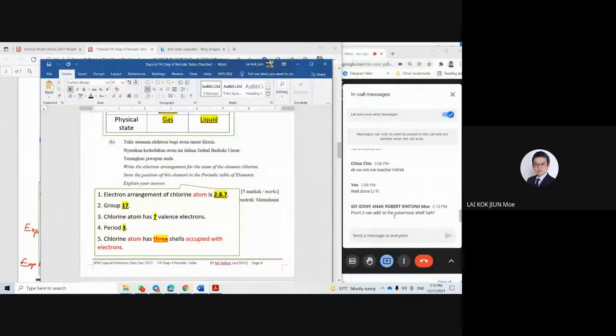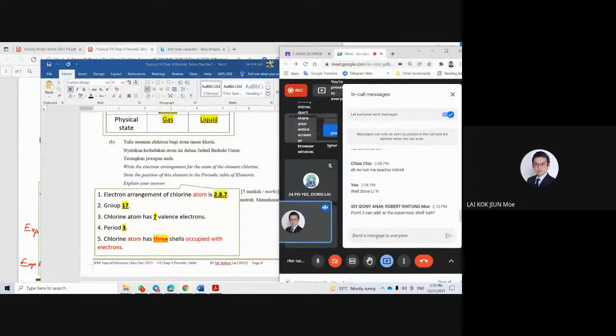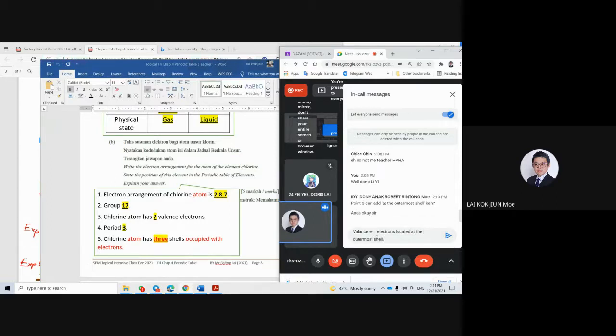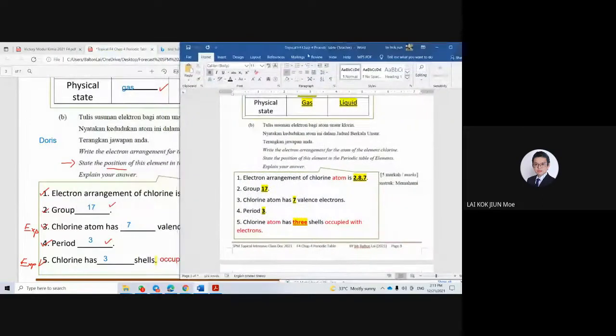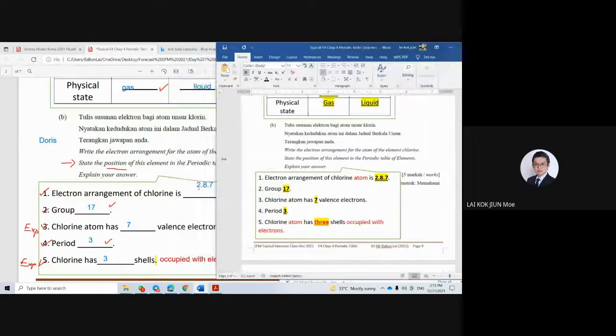Outermost actually is explaining what is valence electron. So valence electron brings the meaning already. Valence electron equals electron located at the outermost shell. Okay. So if the question asks you to explain what is valence electron, yes, you use outermost.